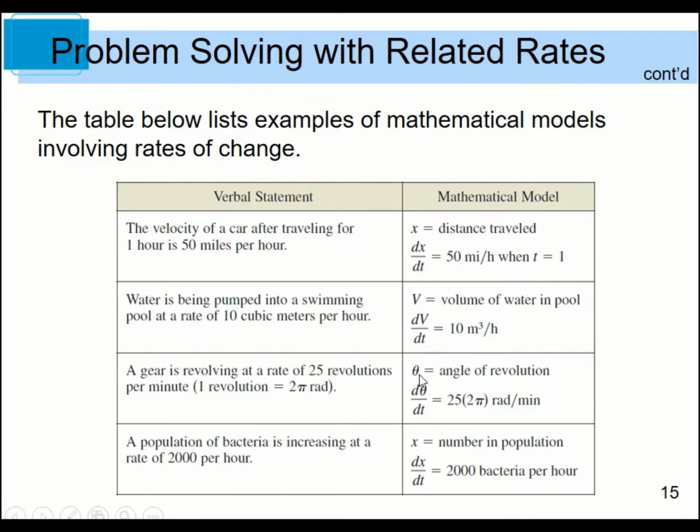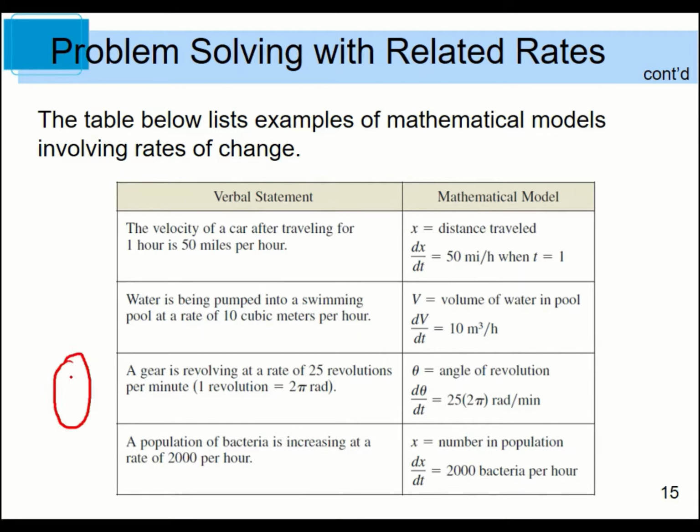We can use the angle of revolution. So the rate will be d theta/dt, the difference of the angle over the difference of time, which is 25 revolutions, multiplied by 2 pi radians for each round.